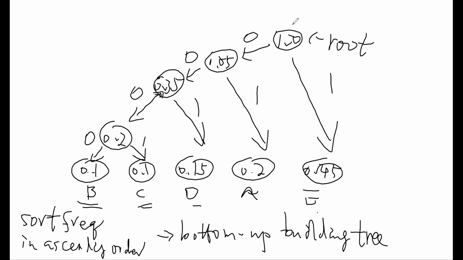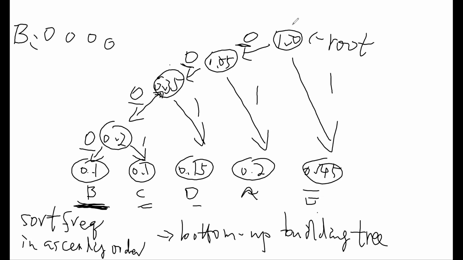Okay, so for letter B, how do you find the letter? From the root, all the way following the left branch, you find B. Going through each branch, you find the number: 0, 0, 0, 0.